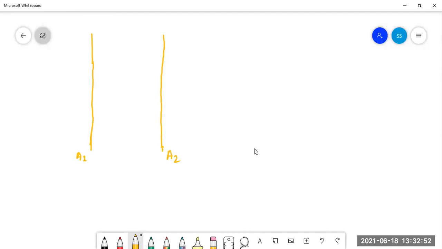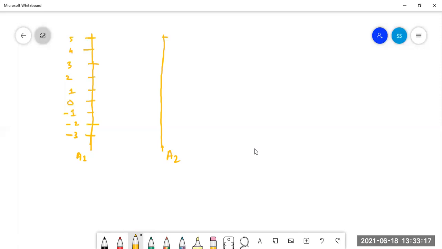Yes, so it will be given that this one: minus 3, minus 2, minus 1, 0, 1, 2, 3, 4, 5.